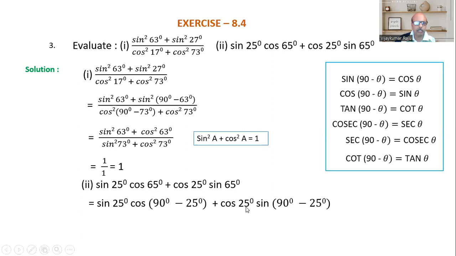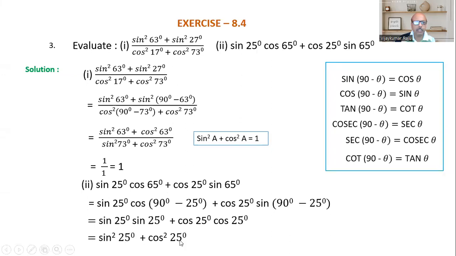And here cos 25 sine 90 minus 25, which is 65. So cos 90 minus theta is sine theta, so it becomes sine 25 sine 25 plus cos 25 cos 25. Sine into sine is sine square. So it becomes sine square 25 plus cos square 25. Sine square plus cos square, as you have learned, is 1. So the second bit answer is also 1.